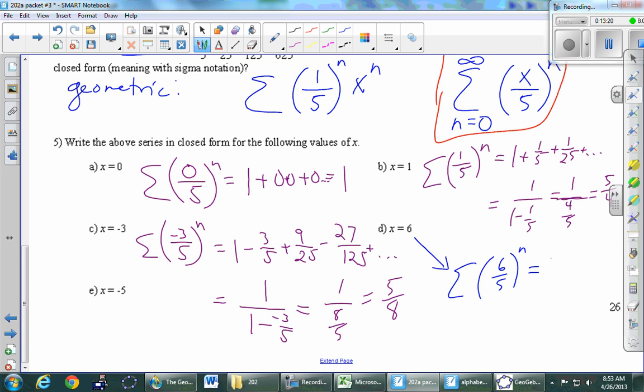So the first term is always 1 plus 6 fifths plus 36 over 25. We'll write one more term plus. Greens are the cubes. 216 over 125.